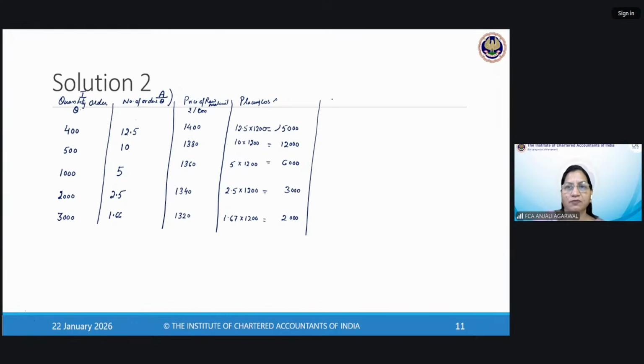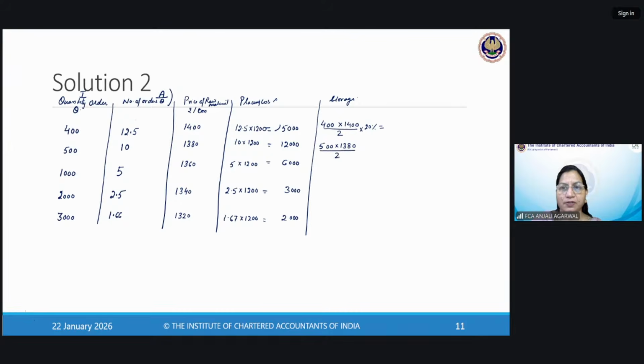Now, storage cost will be a little tricky here. Like I said, it is a function of, as a percentage of, the raw material price. So 400 units is what I'm going to order. 400 into 1,400 is going to be my investment. On an average, 400 into 1,400 by 2 is my average investment. And 20% of this is my cost. 500 into 1,380 is my investment at a time.